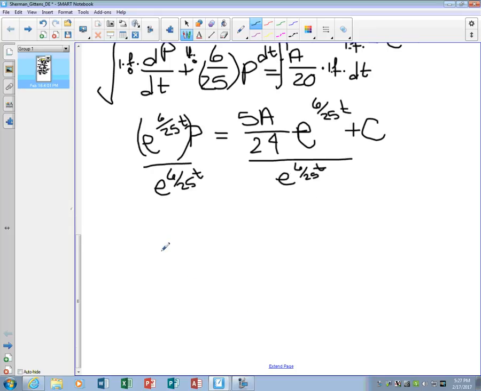Divide this all by that as well. And what that gets us, something that looks a lot nicer, p equals 5a over 24 plus c e to the negative 6/25 t.